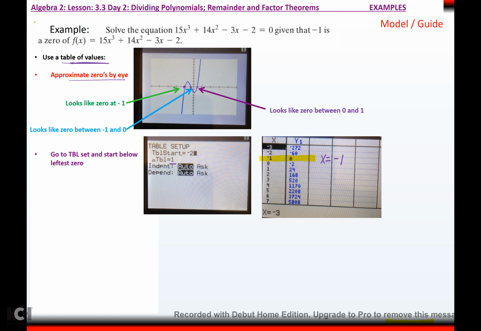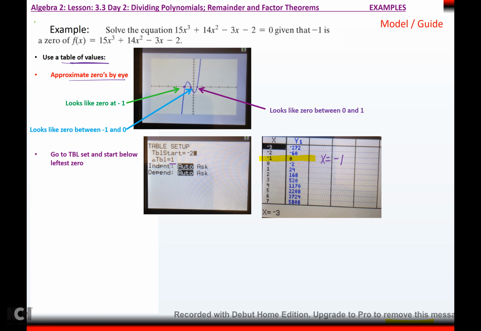Well, this is the cool thing that they test you a lot on tests. Okay? Remember the intermediate value theorem that we just talked about yesterday, or I don't know, whatever day it was. We talked about that if your y values change sign, then you've had to cross over the x-axis, which means you've had to have found a zero. There's got to be a zero somewhere in there.